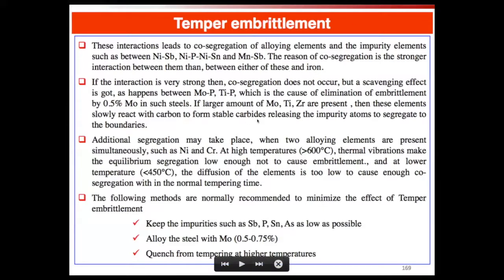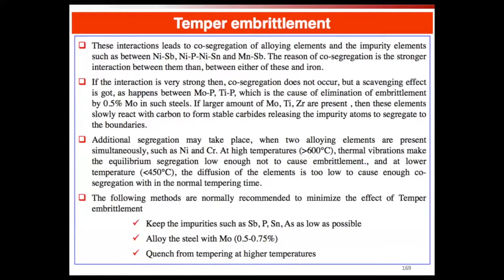The impurity atoms can segregate to the boundaries by themselves, but yeah, you would need significant amounts of nickel in there as well, right? So if you can imagine if the affinity is higher, then it's not going to matter if you have an overabundance or not. It's still going to split them up.